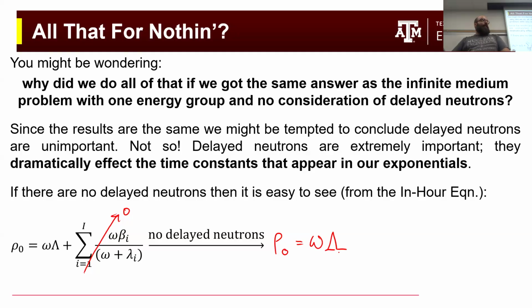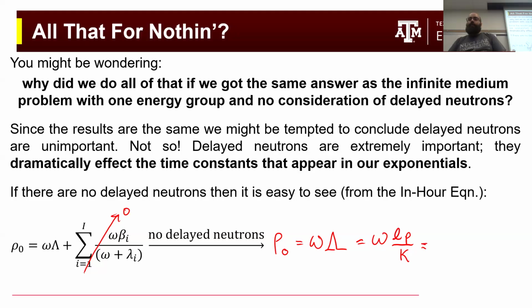By definition, big lambda is just the prompt neutron lifetime l_p divided by the multiplication factor k. So that's rewriting big lambda. But we can also write the reactivity insertion in terms of k as well.